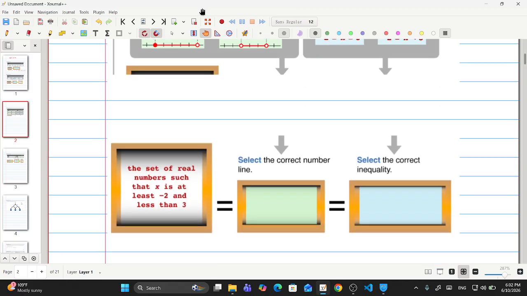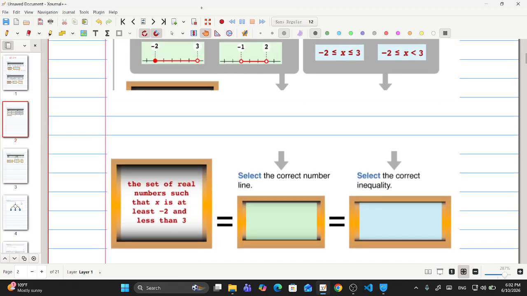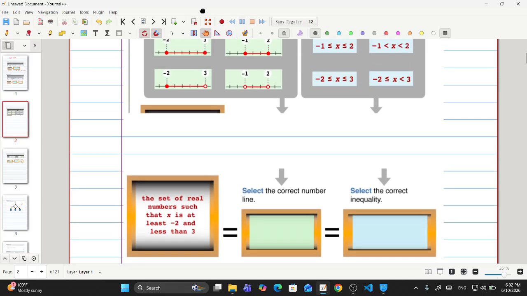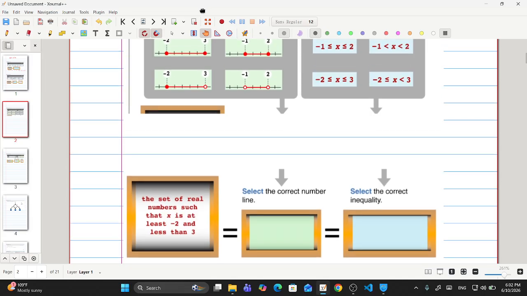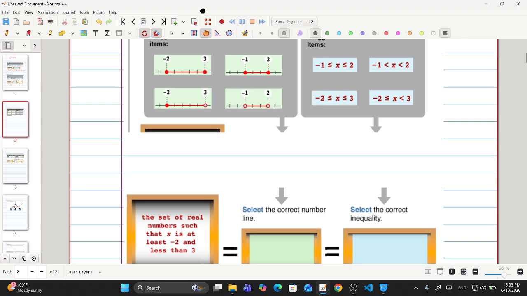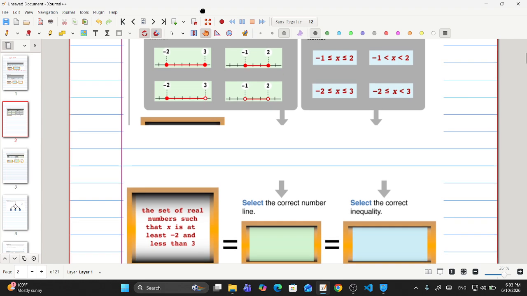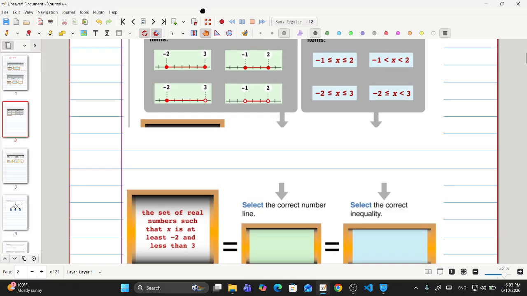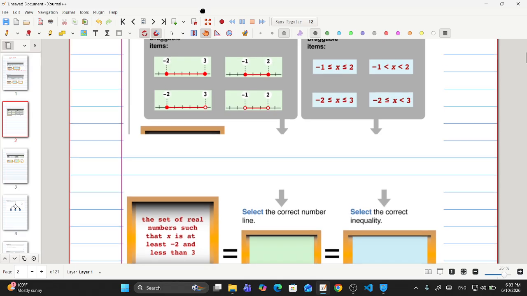Okay, draggable options. The set of real numbers such that x is at least negative 2 and less than 3. At least negative 2 and less than 3. So automatically we can eliminate these two, right?